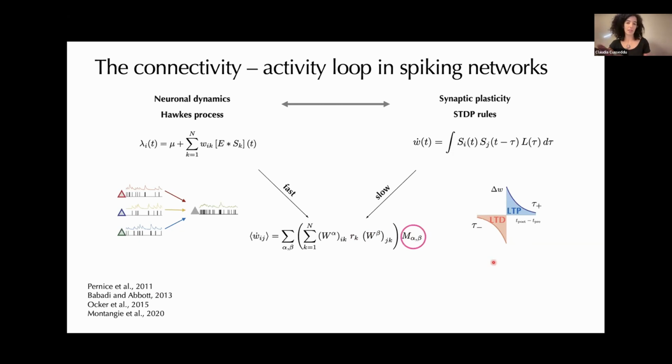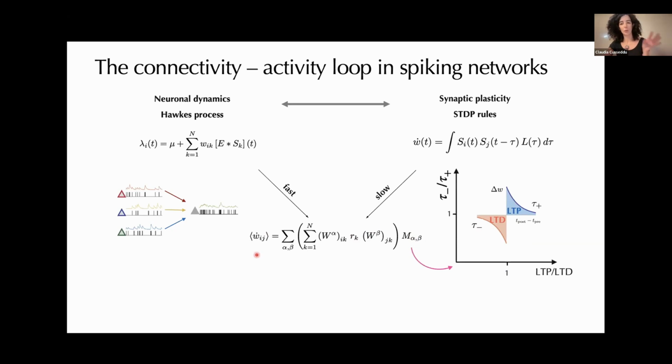So to see this, basically, if I change the kernel function here, I will change the coefficients M, and therefore also the synaptic evolution and the final weight outcome. So, for example, I can change between Hebbian, anti-Hebbian, and symmetric shapes, but besides switching between families of rules, I also want to modulate the parameters of the STDP rule, because again, neuromodulation can shape these functions.